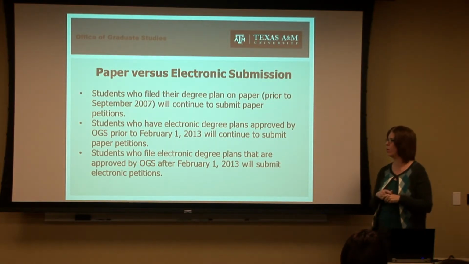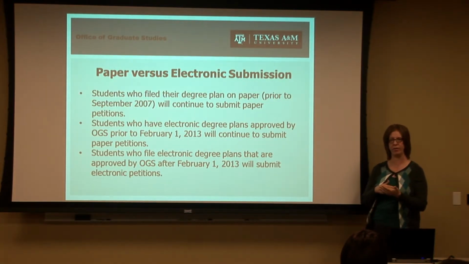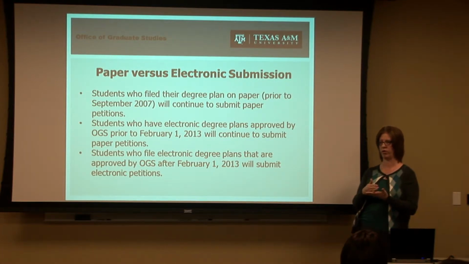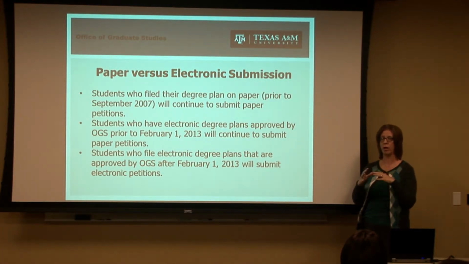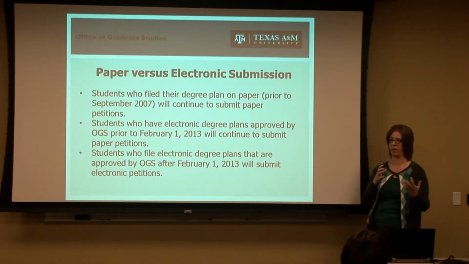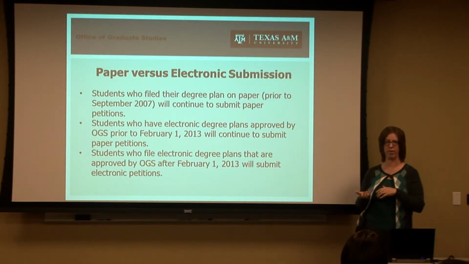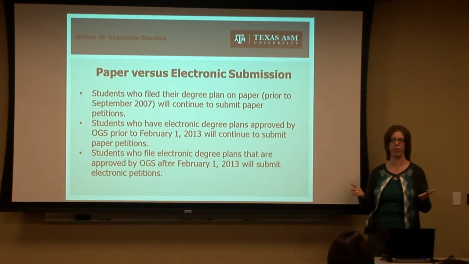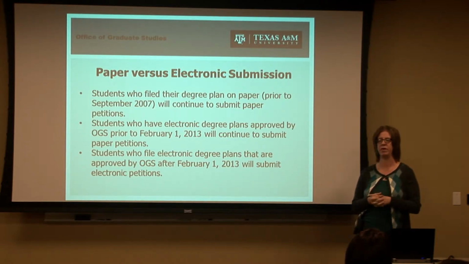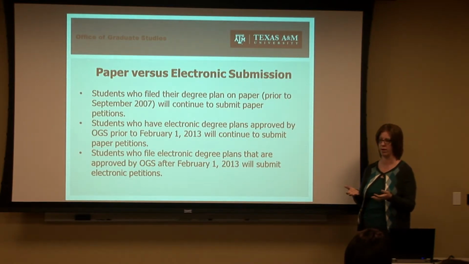But our second priority is to get the students who have electronic degree plans but have made changes to them collated so that the information we have in the electronic system reflects the information that is in Compass. And so what we did, because we kind of had to make a cutoff, we had to pick a date. So the date that we picked was February 1st of 2013.